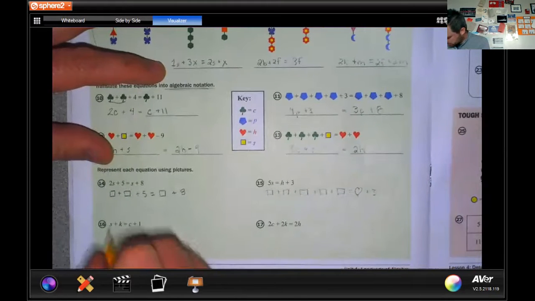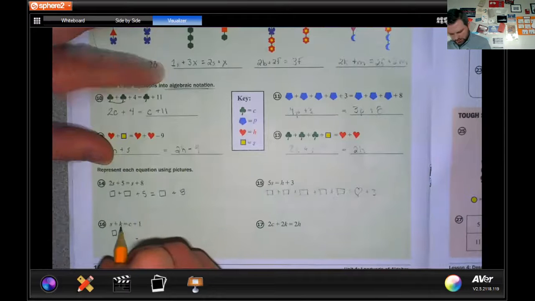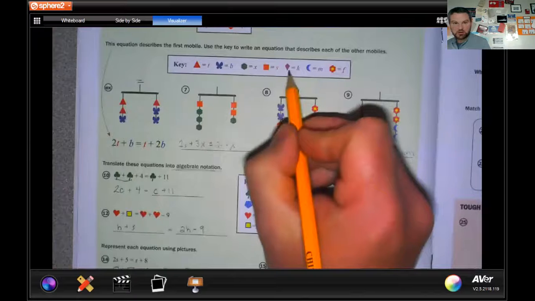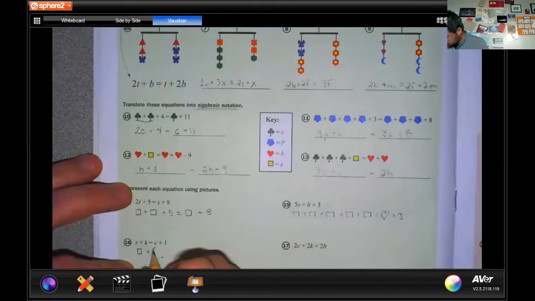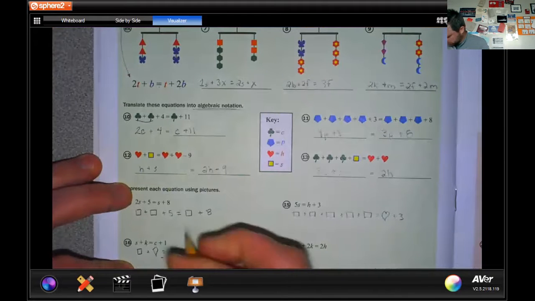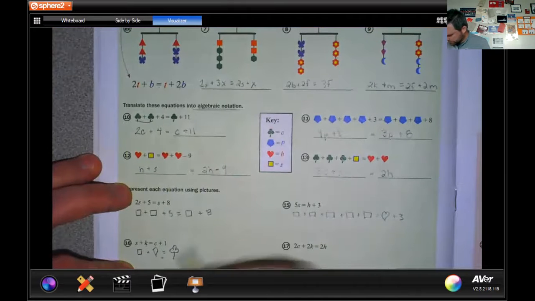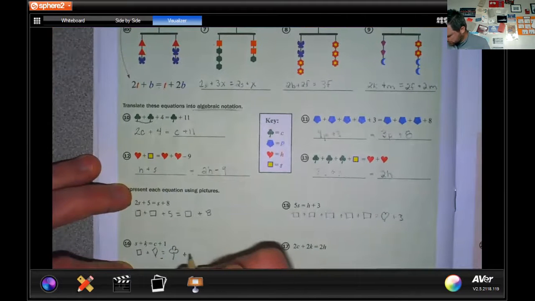So s, which is squared, plus k. Well, they don't have a k in this key. Let's look up here. Looks like they got this kite as a k. So kite equals c, which is a clover, plus 1.